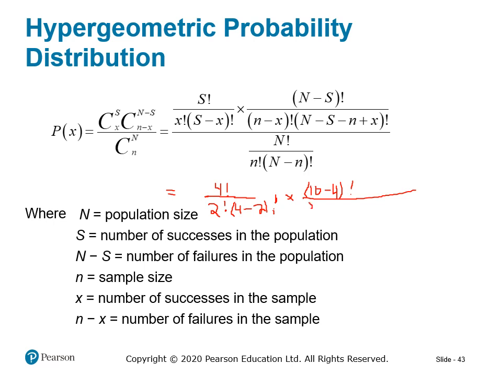And of course x equals 2, so I just have 3 minus 2 factorial, times, here we have big N is 10, minus the number of successes in the population, 4, S, minus little n, excuse me, which is 3, plus x, which is 2, factorial.